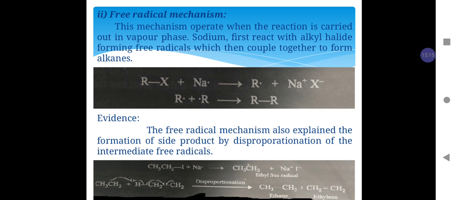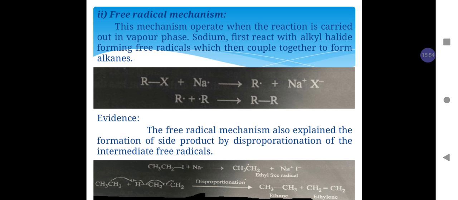The byproducts formed in this reaction can also be explained by using this free radical mechanism as discussed in the diagram. CH3CH2I reacts with sodium to form ethyl free radical. This ethyl free radical then reacts with ethane and undergoes disproportionation, that is, simultaneous reduction and oxidation takes place.